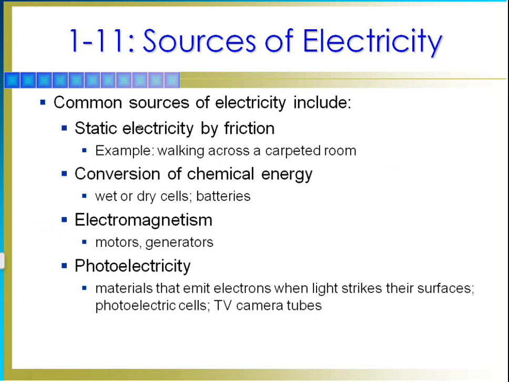You can do it through photovoltaic cells, and that's the photoelectricity, or photoelectric cells. Photovoltaic, photoelectric, those terms are interchangeable. But a solar cell takes light energy and creates electricity.